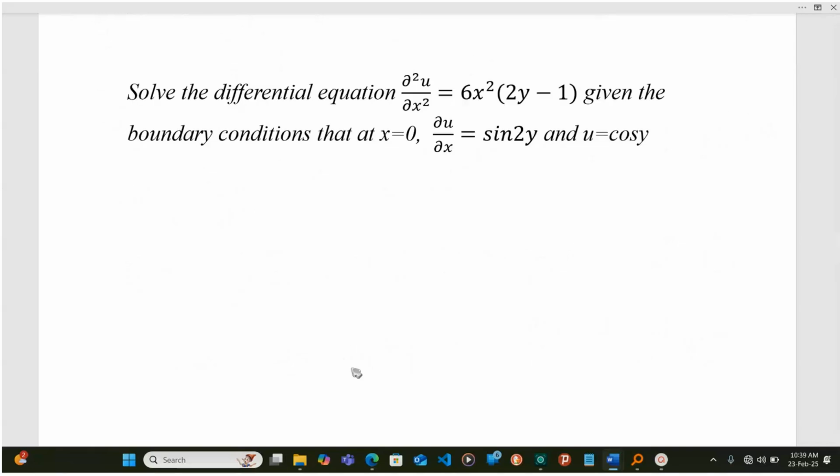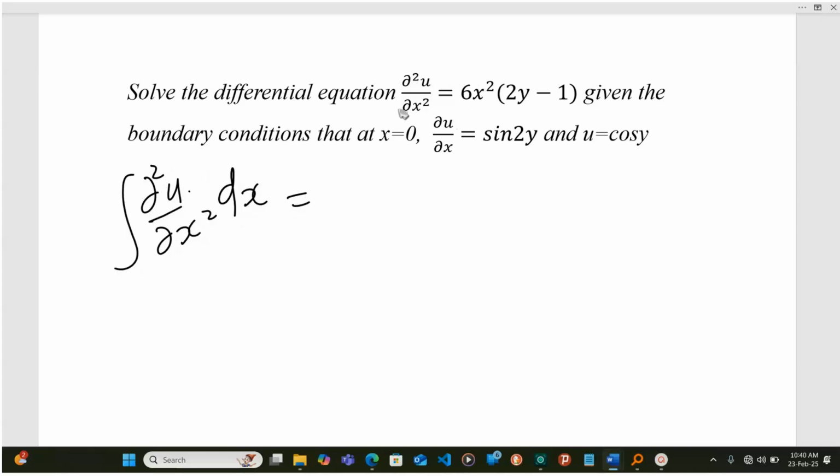Next problem, we are solving del 2u, del x2 is equal to 6x squared (2y minus 1), and we are given the boundary conditions that when x is equal to 0, then del u del x, or the first partial derivative of u with respect to x, is equal to sine 2y, and u is equal to cos y. So we are going to have del u del x. Let's first integrate it with respect to x.